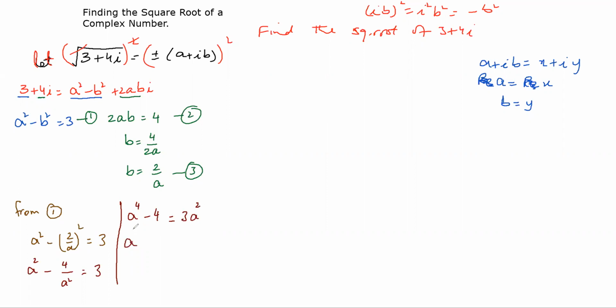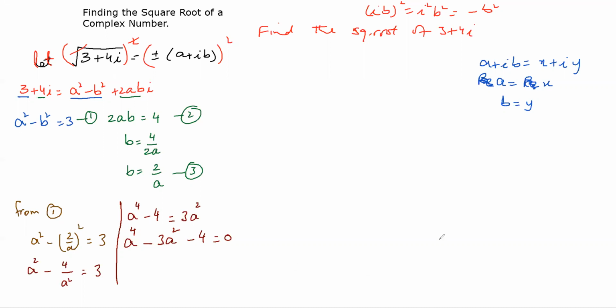Now this is going to follow the rules of a standard quadratic equation. You can apply the quadratic formula here to find the values of a square. I find this easier by factorization, because I can do the middle term breaking here.